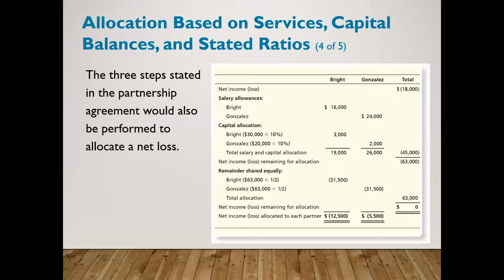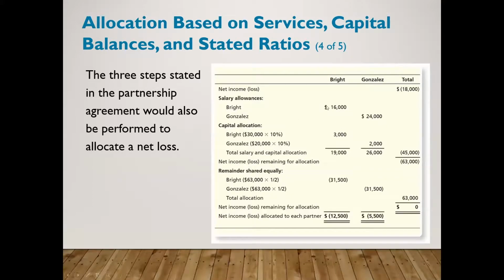Now, what happens if this same income sharing agreement were in place, but Bright and Gonzalez incurred a total net loss of $18,000? Because the partnership agreement has 3 steps, the allocation of net loss also goes along with all 3 steps. So per the partnership agreement, Bright will receive an allocation of $16,000.